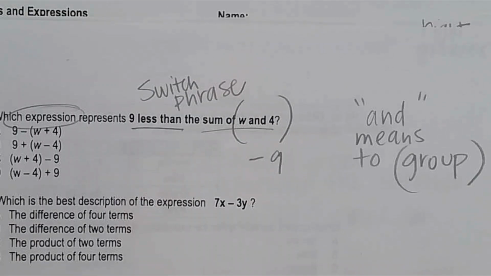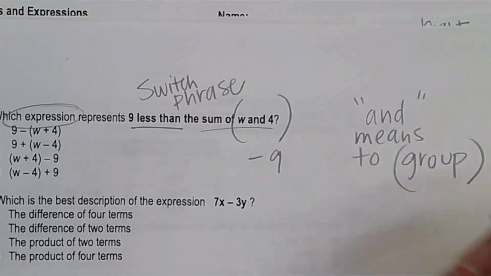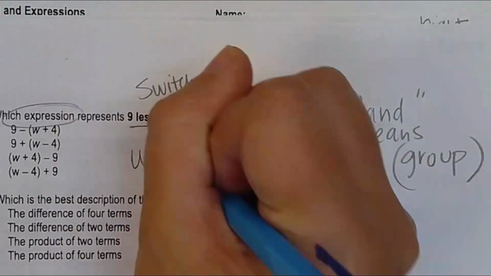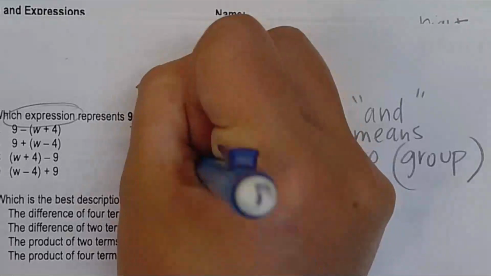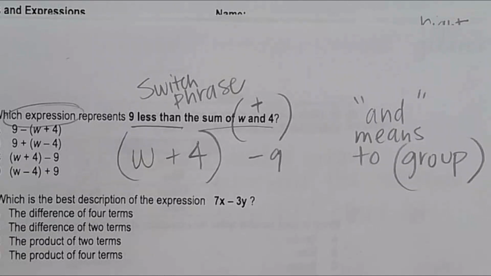Am I multiplying, adding, subtracting, dividing? What does it say? Sum. What does sum mean? Added. So that W and that 4 is being added together, and because it said and, anytime it says and, when we're talking about two numbers or a variable, they're grouped together in the parentheses.